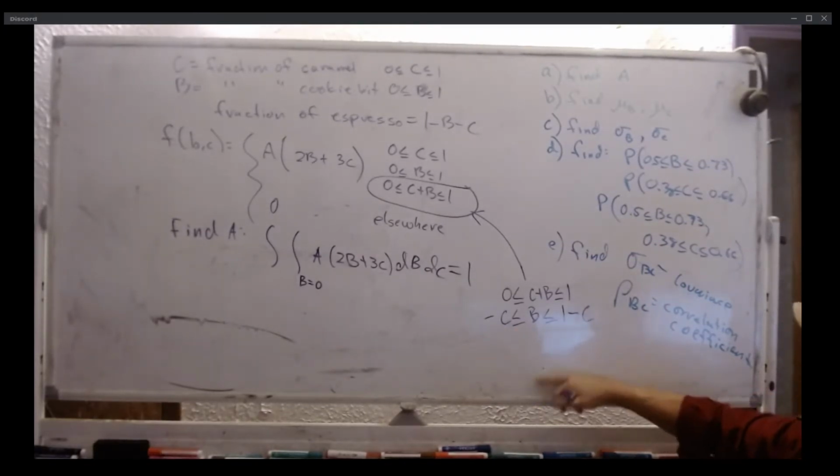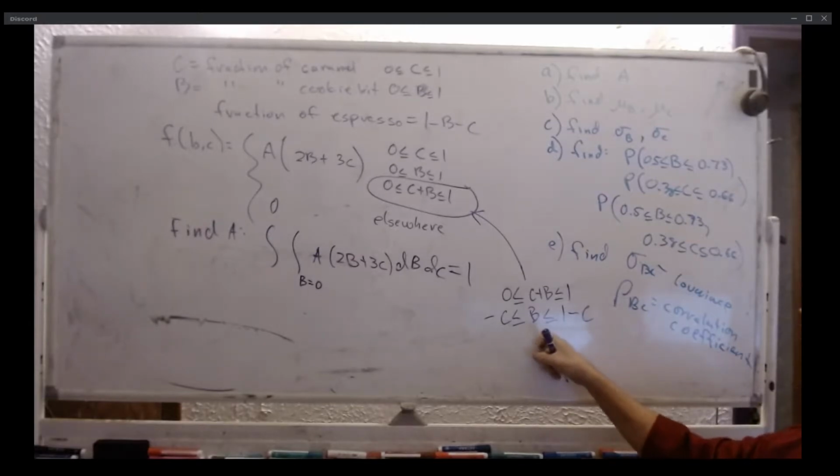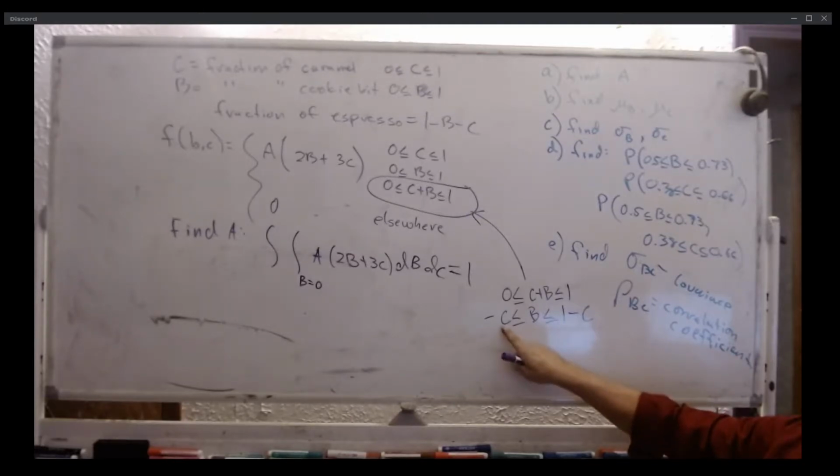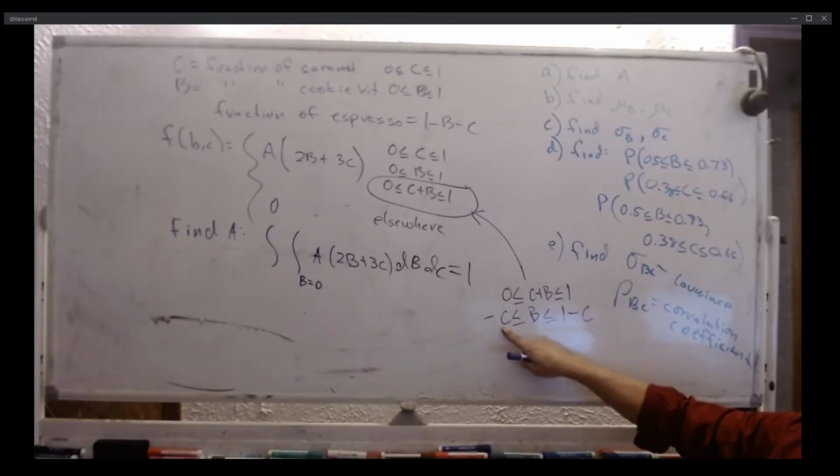The only thing I did was subtract C out. It's still algebraically valid, sort of. What's the problem? Can B ever go down to negative C?